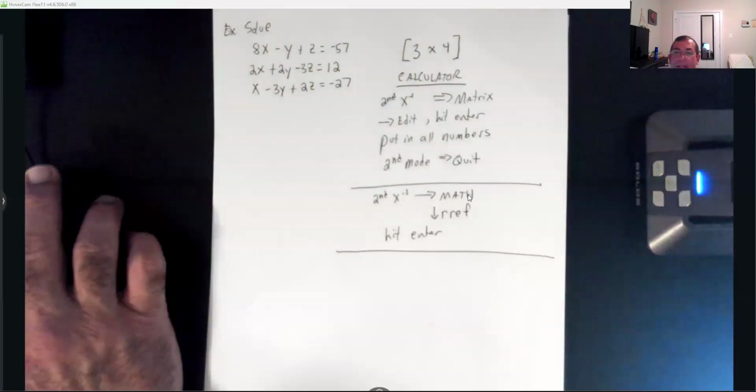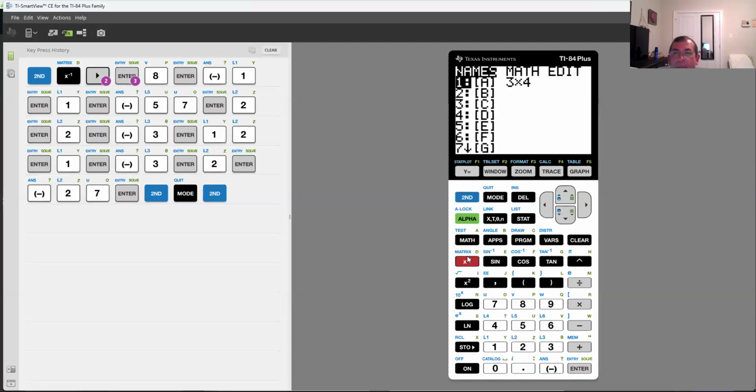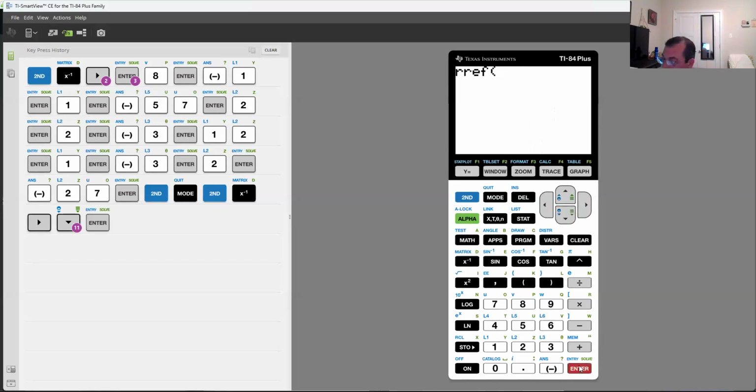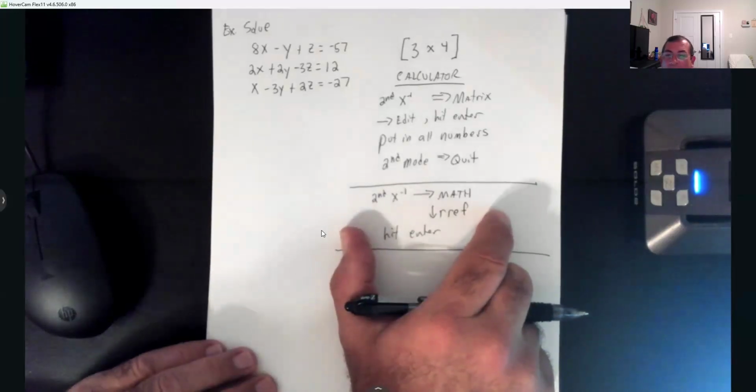All right, so let's go do that on our calculator. So second x -1, highlight math, and then we said we're going to go down and get RREF. Once we got RREF highlighted, we're going to hit enter. Okay, so this brings up RREF.